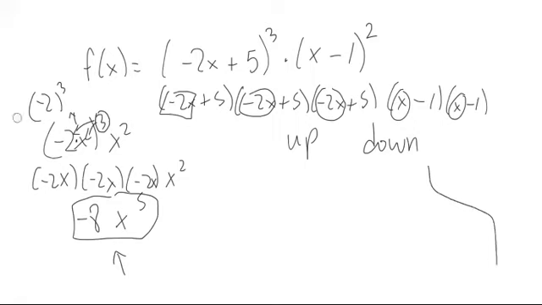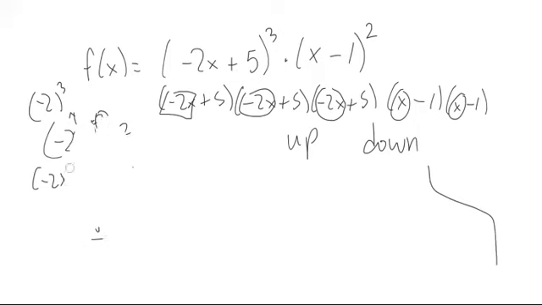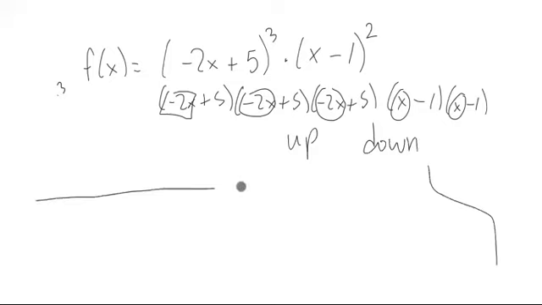Okay, so using that idea, let's proceed. We know what the end behavior is, so then we know how to start our graph when we draw it. We know we're going to start up and then we're going to go down. Where do we go through? Well, let's see.